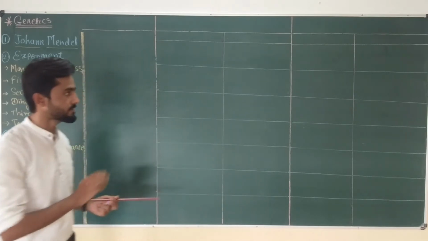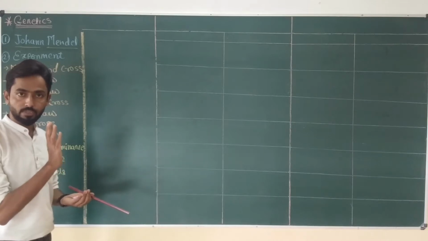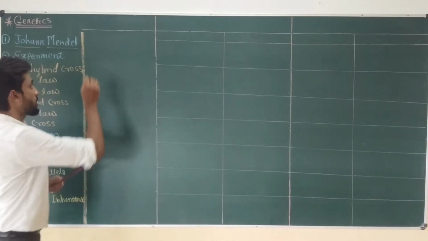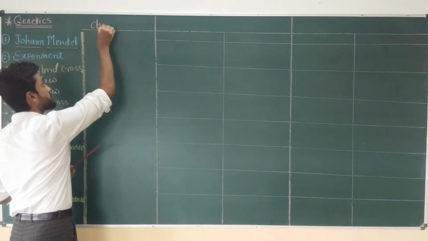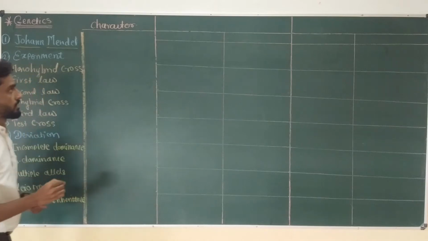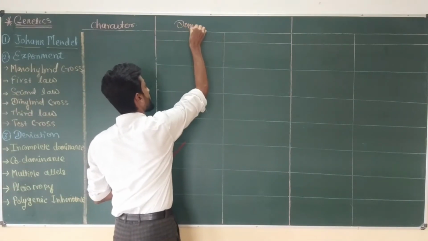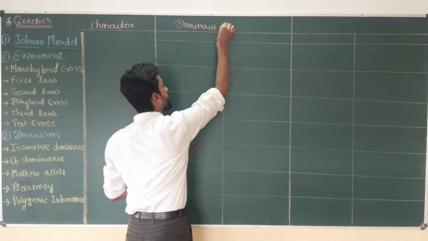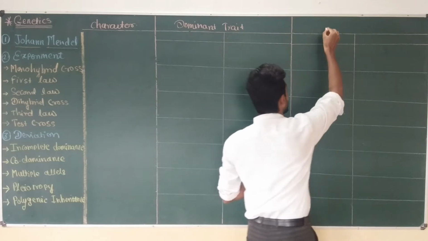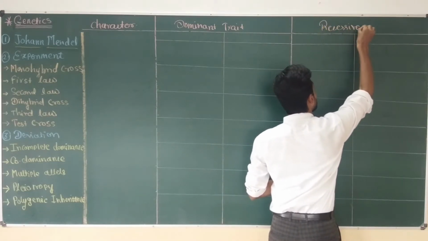Okay. So now in this table, I am going to compare all the 7 characters with their dominating and recessive traits. The first column will be characters, the second will be dominating traits, the last column is for recessive trait.